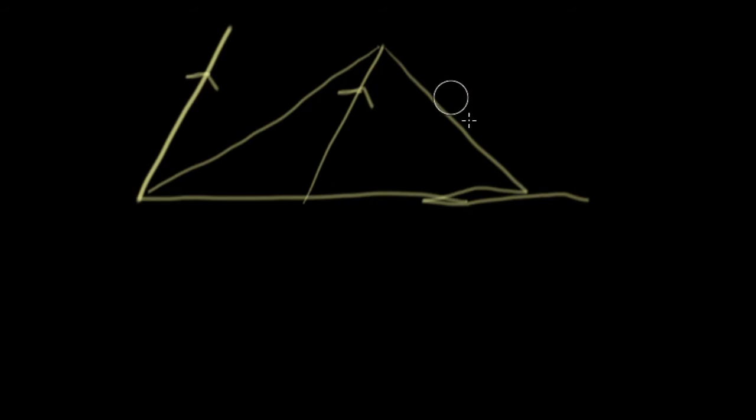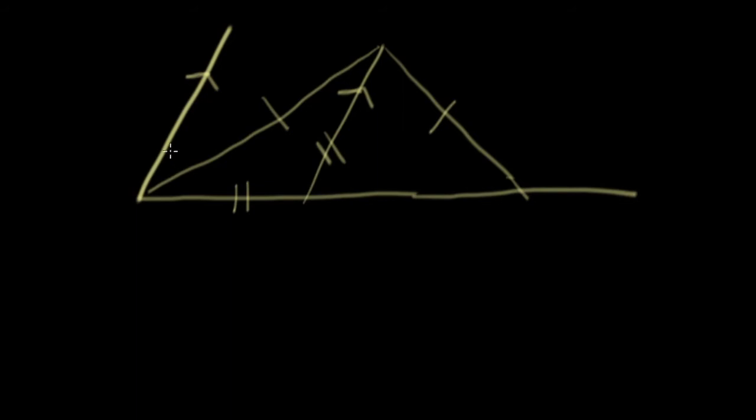Let's try and make this a little better. There we go. I'm going to call these isosceles triangles. I'm also going to make these isosceles triangles. Pretty cool. And then I'm going to add in some more information.